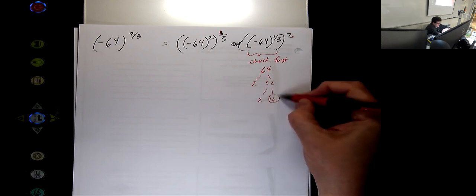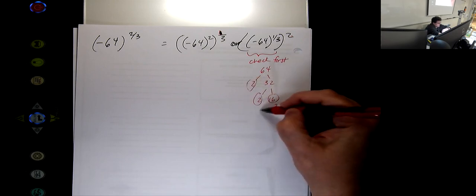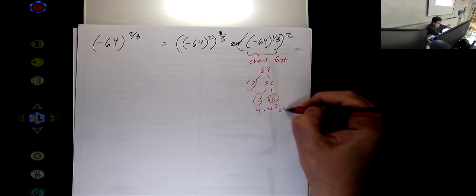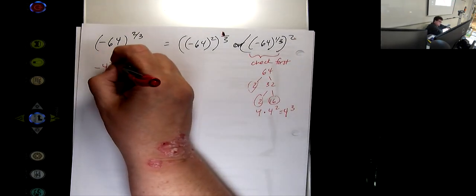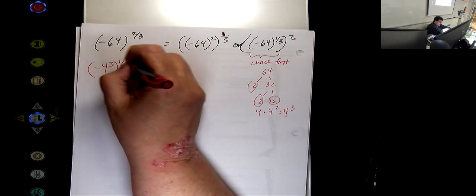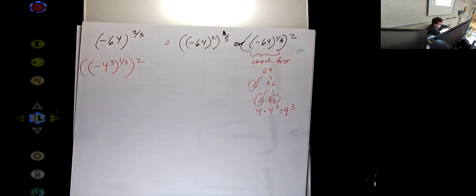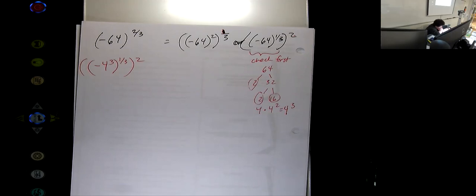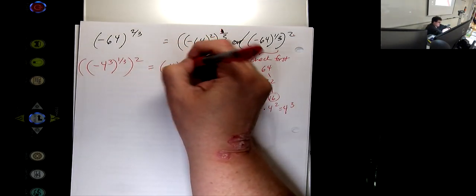I know 16 is 4 squared. And I got 2 times 2, that's also a 4. So I really got 4 cubed in there. So I could say negative 4 cubed to the 1/3 to the 2/3, or to the second power. The 3 and the 1/3 cancel out. I'm just left with negative 4 squared.